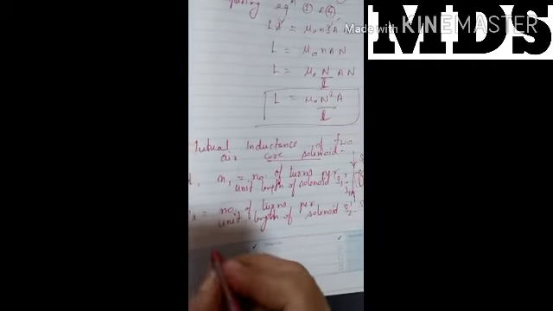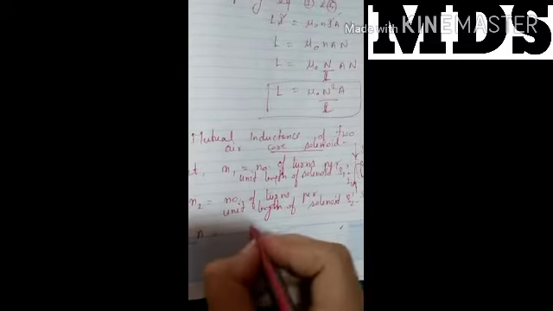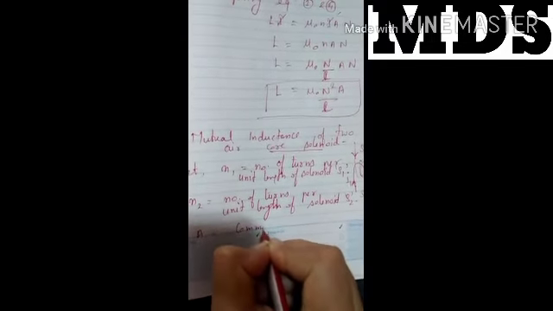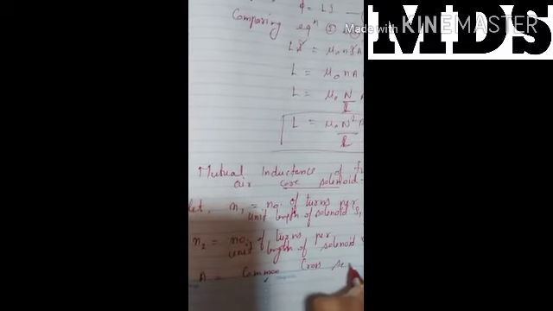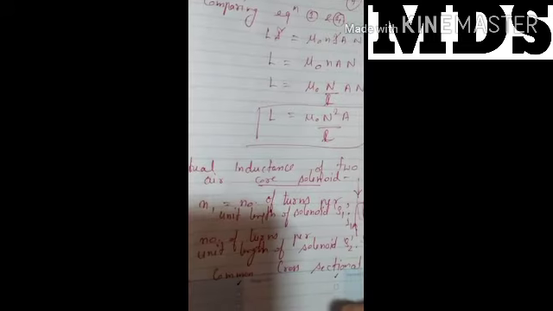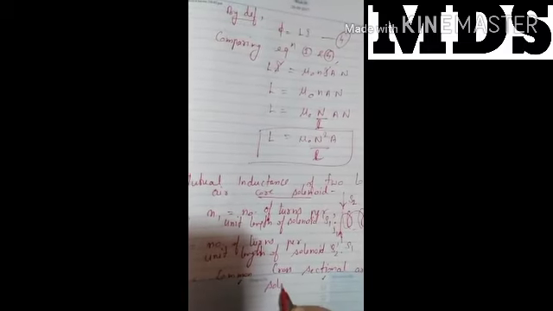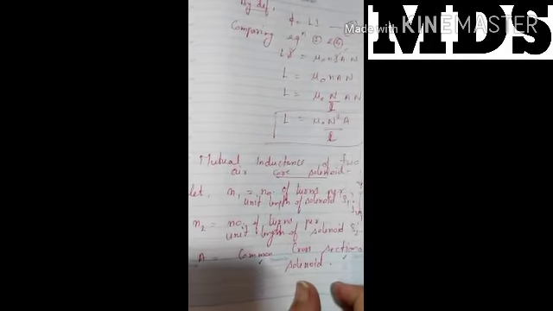Clear? A is the common cross-sectional area of the solenoids. Clear?